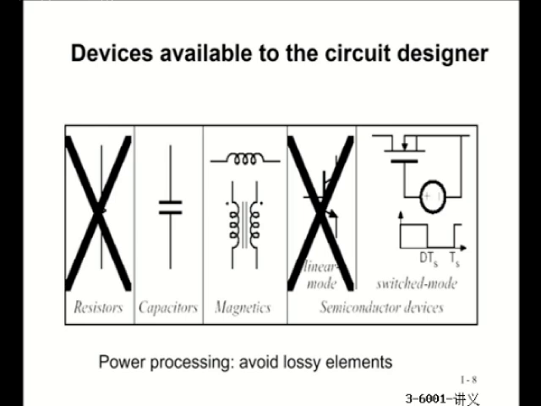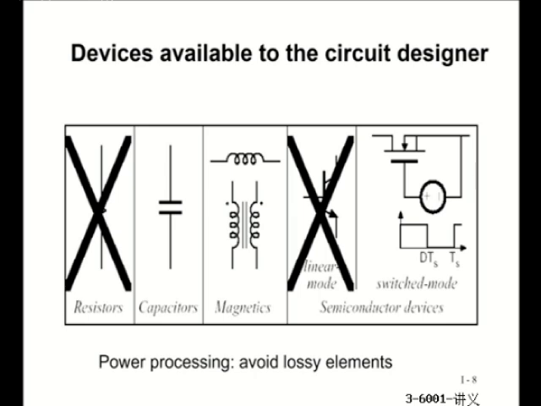After we have discussed the issue about efficiency, this is very easy to understand, because if we adopt a resistor in a power converter, the resistor is a power loss component. Also, semiconductor devices working under linear mode are also lossy. We want these semiconductor devices working under switching mode.